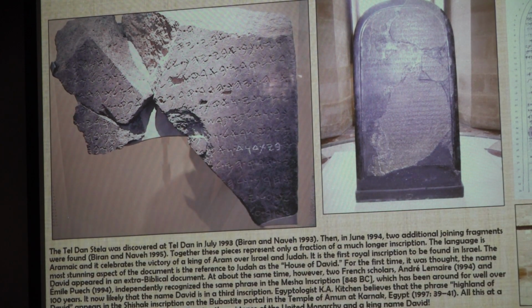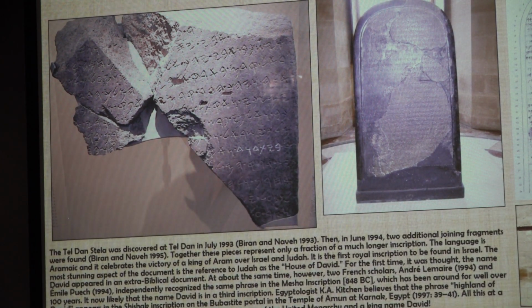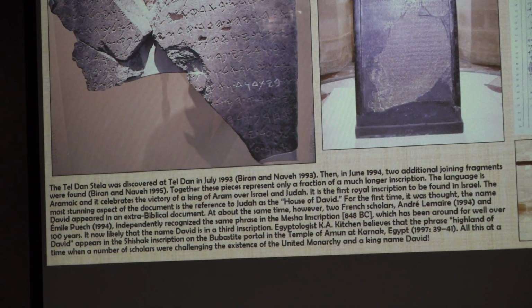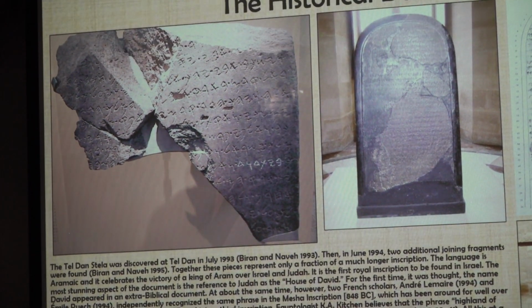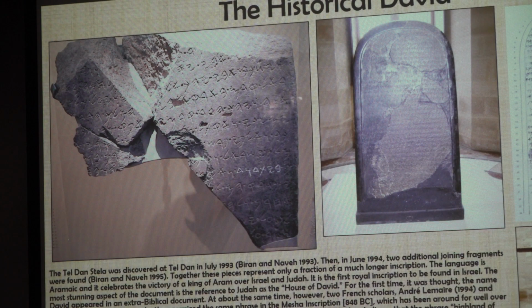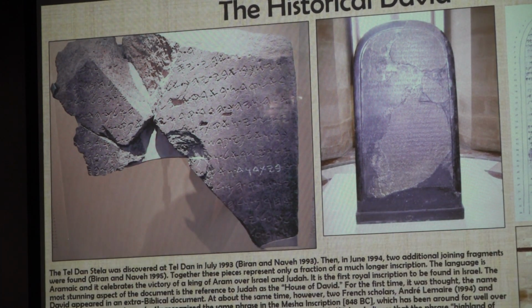And this text is not an Israelite text. It is Aramean, from the Aramean king Hazael, most likely when Hazael took over Dan a century after David's life, and mentions the king of Israel and the king of the house of David in this inscription, his defeat of them.